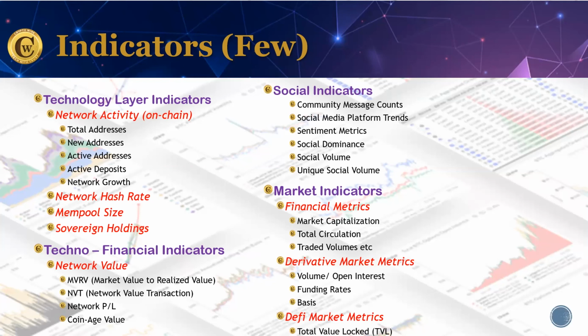In social indicators, we get community message count, social media platform trends, sentiment metrics, social dominance, social volume, unique social volume, and so on and so forth. तो यहाँ पर अगर एक्टिविटीज ज्यादा होती है तो ऑब्वियसली वी कैन एक्सपेक्ट सम काइंड ऑफ प्राइस एक्शन कमिंग इनटू प्ले. People are getting interested, and people's reaction could be positive, could be negative, depending upon how the social media is actually trending, and so on and so forth.